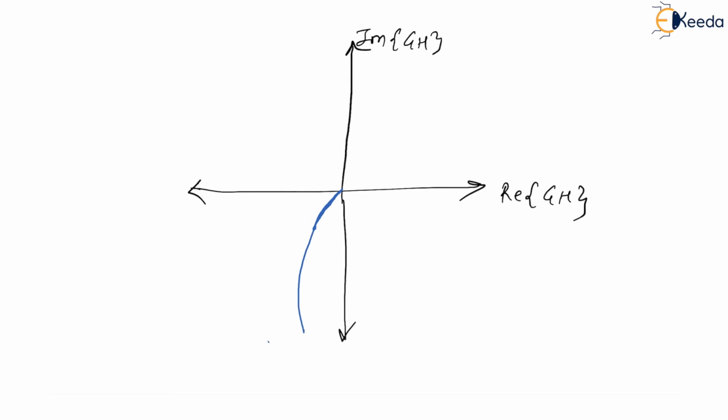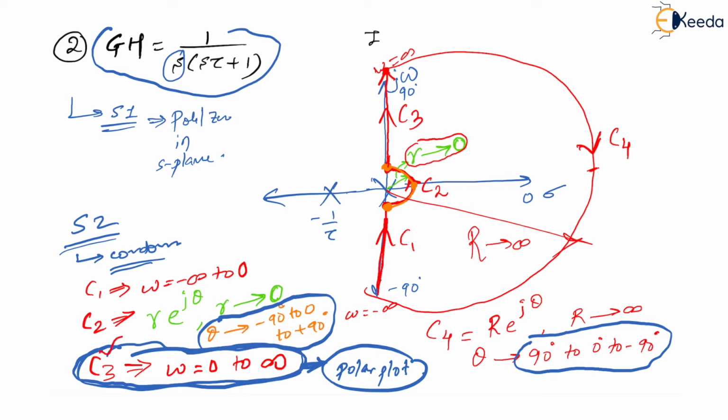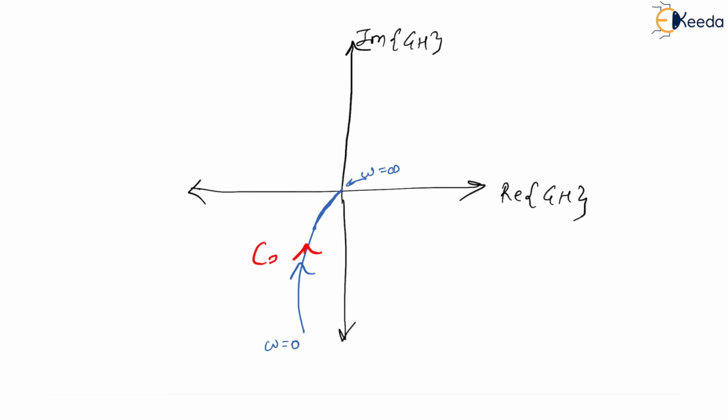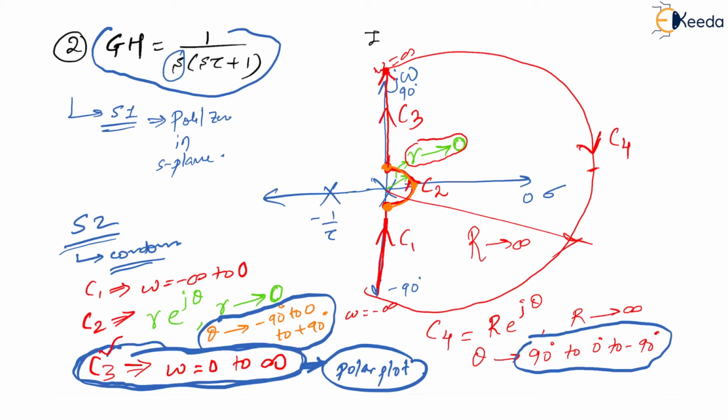This is going to be omega equal to 0, it starts here, and this is omega equal to infinity. This is the polar plot, and it is representing contour C3. One battle is done.